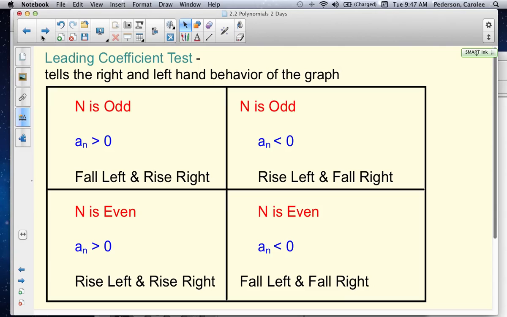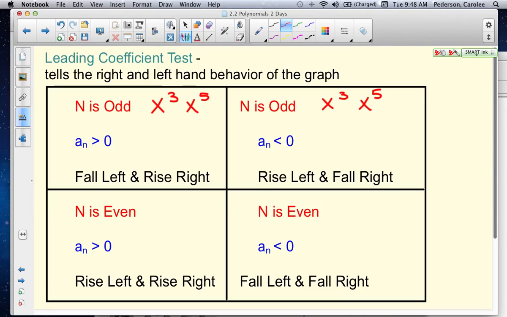So the top two boxes are when the degree is odd. So if we think about odd functions, we're talking x to the third, x to the fifth. If you want to add that to your box, that's totally fine. Then the left box is saying a sub n, so the leading coefficient is greater than 0.